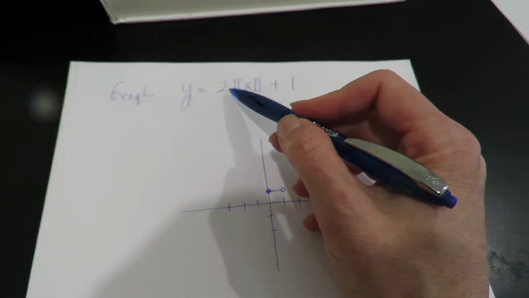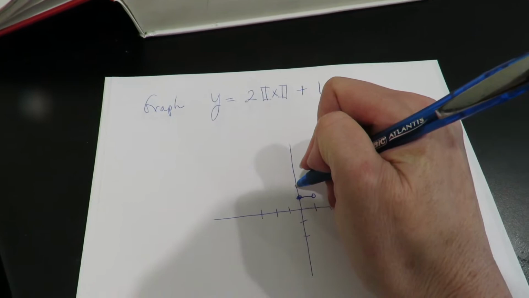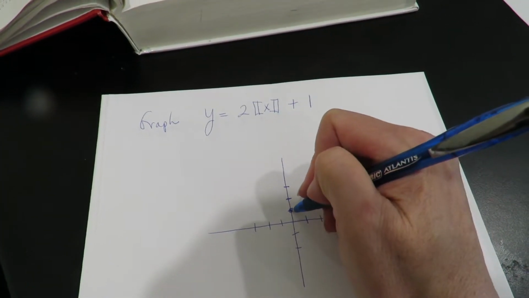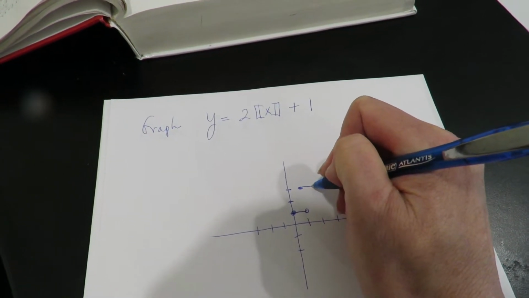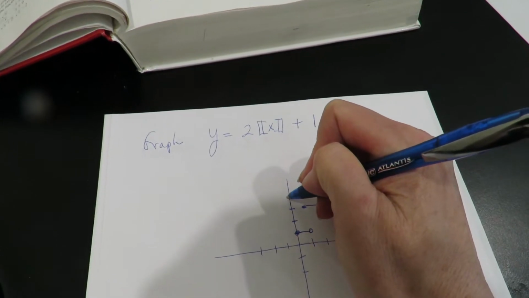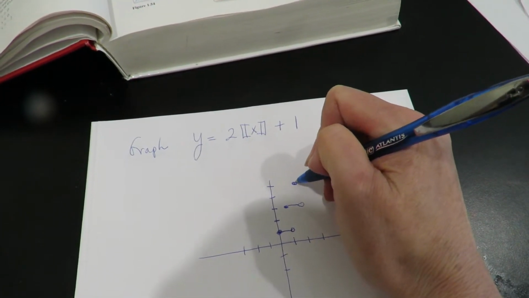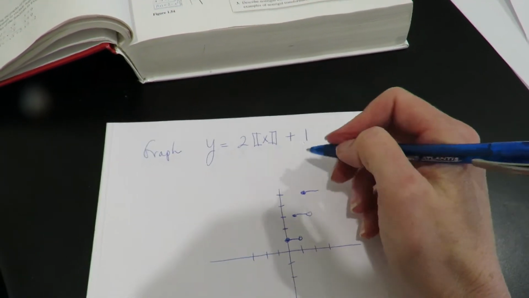So basically what this means is that it's jumping by 2s. So the next step is going to be at 3, because if it's at 1 and it jumps up 2 units, that's going to put it at 3. And the next step is going to jump up 2 units. It's going to put it at 5.